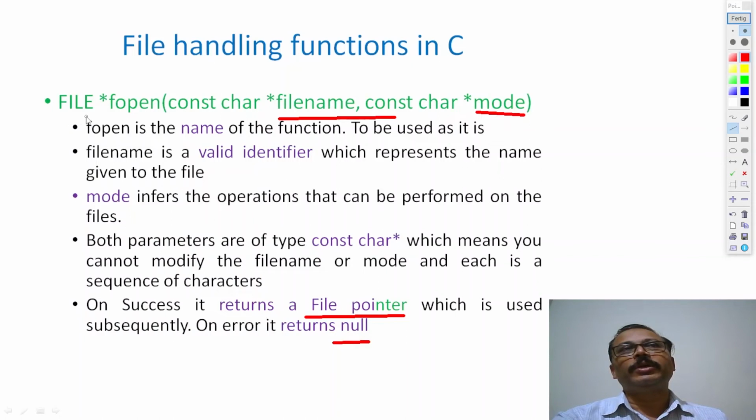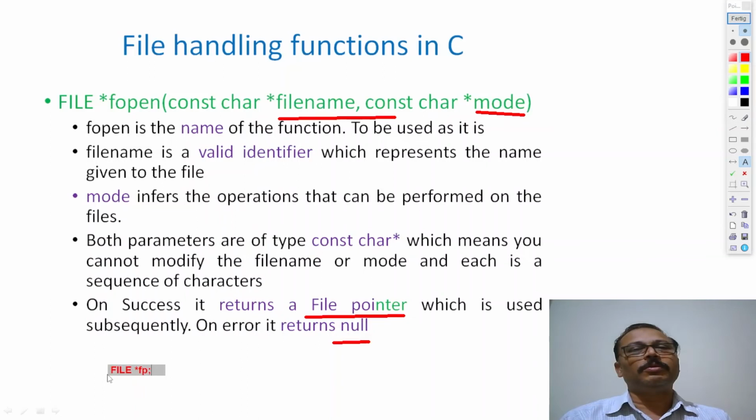We will see how to create a FILE type of object. In simple terms, FILE star fp. So you can define it like this. This fp should be on the left hand side: fp equal to fopen of file name and mode.